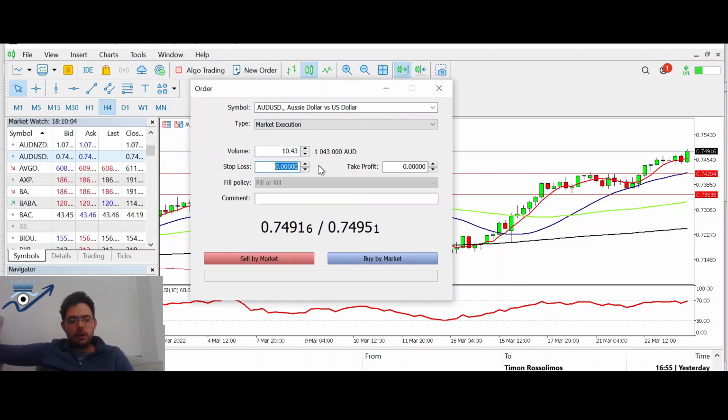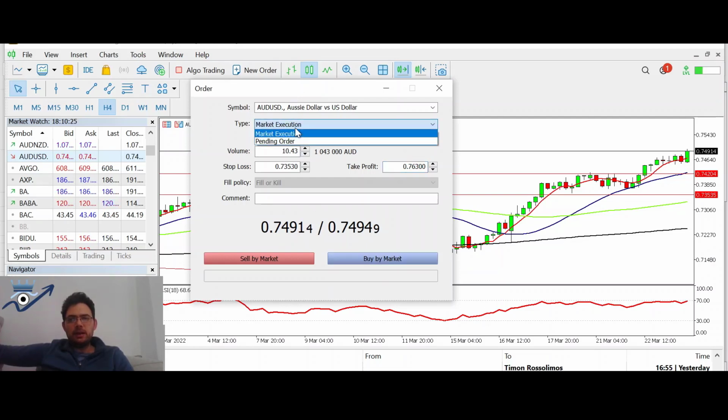We know that the stop loss is going to be 0.7353. And we know that the take profit is going to be 0.7630. And where it says volume is the value that they will be using to buy in this situation.